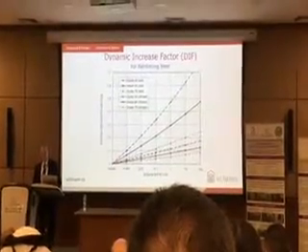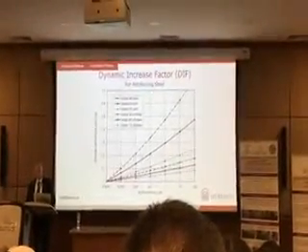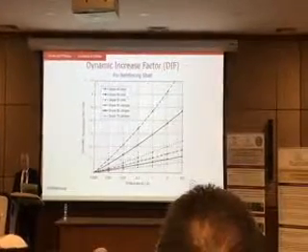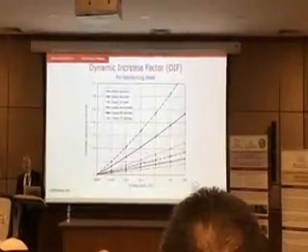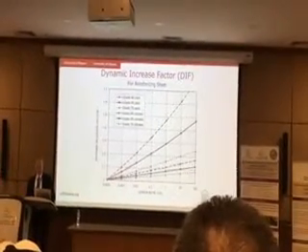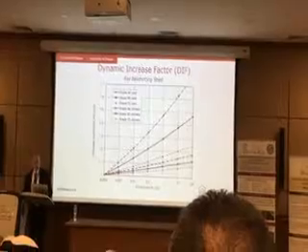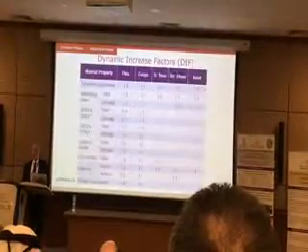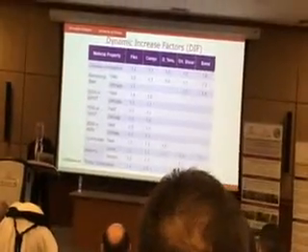This is for reinforcing steel taken from ASCE based on grade of steel. We usually use grade 60 KSI, which is equivalent to 400 MPa steel. And you can see that steel yield strength also increases quite significantly due to dynamic load effects.